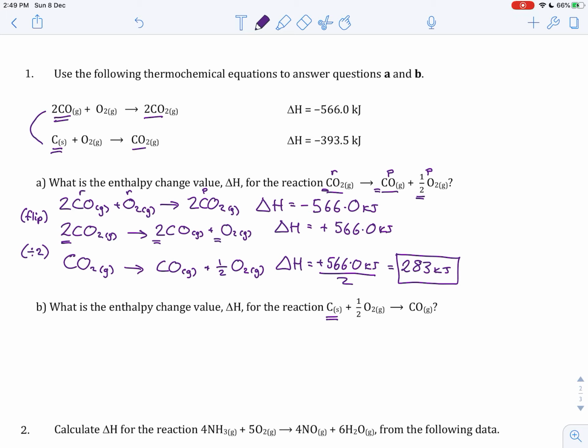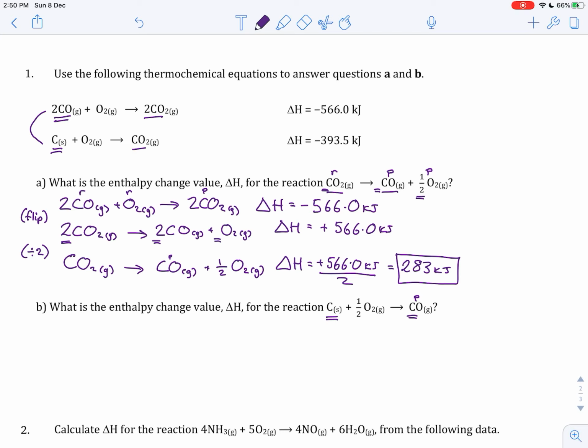So we're going to have to combine these two equations in order to get the one that we're asked about. Now, we can see that what you're being asked about requires 1 carbon monoxide as a product, and you've just calculated that 1 carbon monoxide as a product.